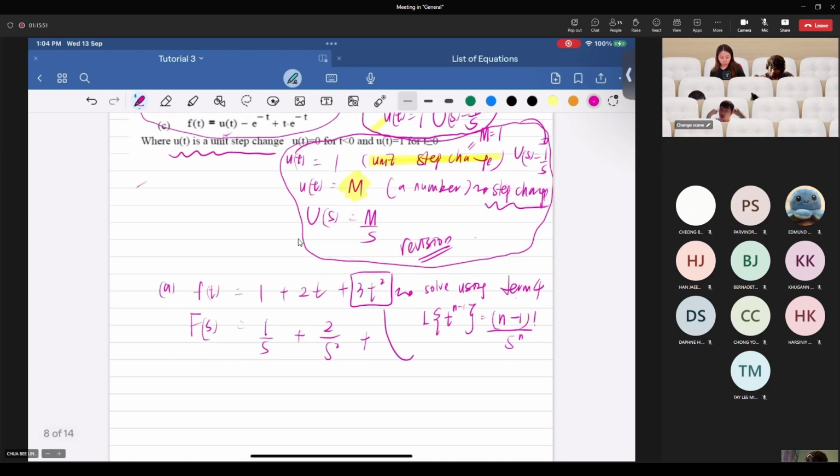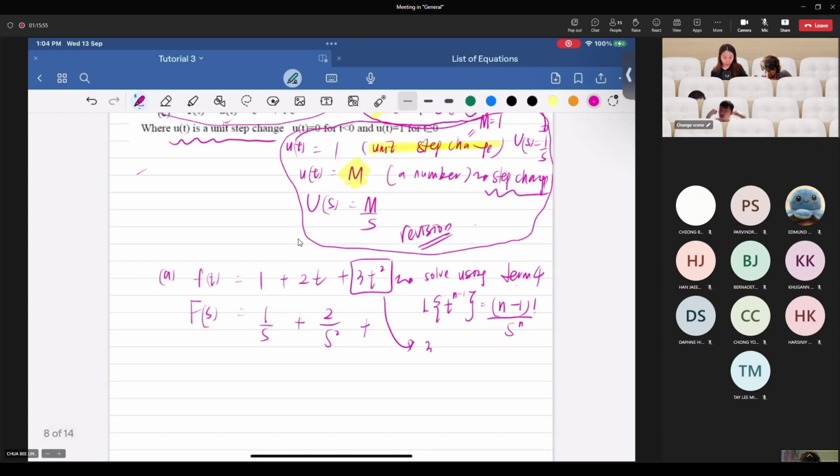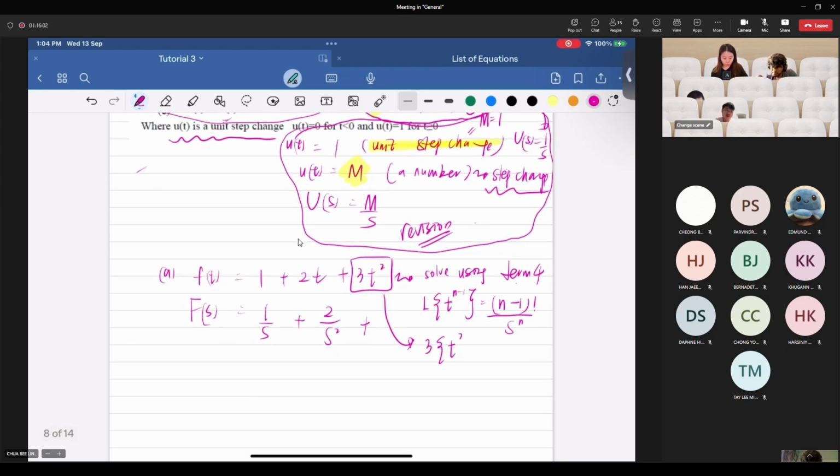So now you do some modification. I will be having my 3 outside. So I'll be having my 2 inside. So it's 3 minus 2. Sorry, 3 minus 1.